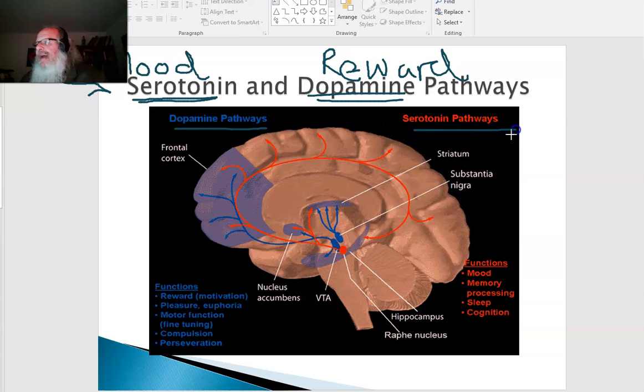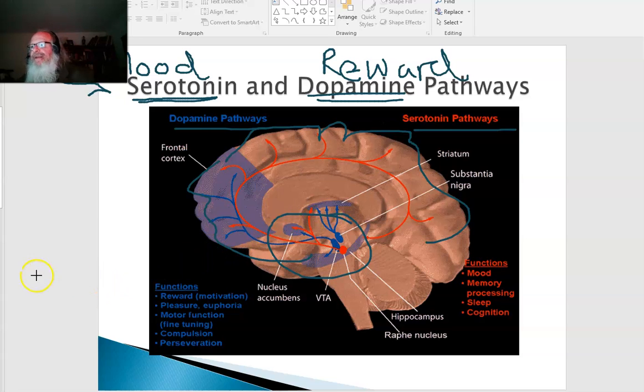Here's our serotonin pathways highlighted in red. If we compare the way these two pathways map through the brain, we see that the serotonin in red extends through a larger area than the dopamine in blue. There's also some overlap between serotonin and dopamine.